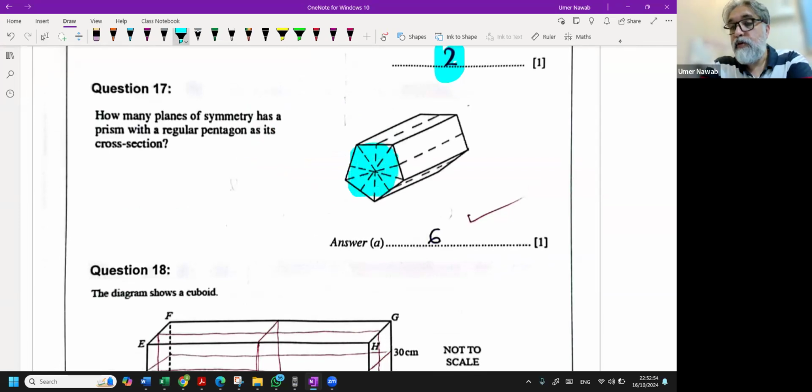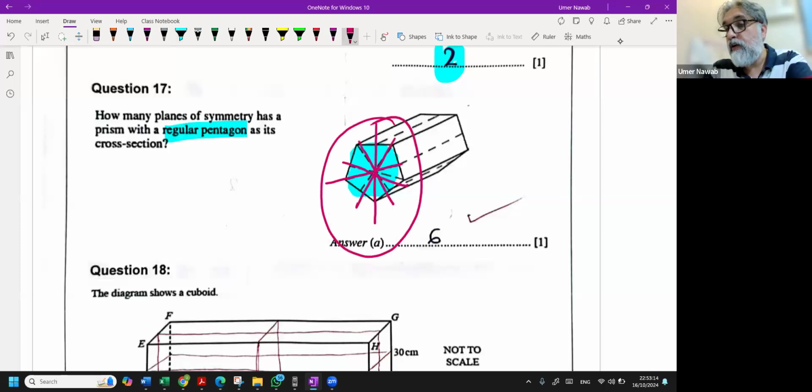In front of us the cross-sectional face is a pentagon. Is he talking about a regular pentagon? A regular pentagon has how many lines of symmetry? 5 lines of symmetry, and with the help of these 5 lines you can draw 5 planes of symmetry, because in regular polygons the number of lines of symmetry is the same as the number of planes of symmetry, because the pentagon has been made into a prism.